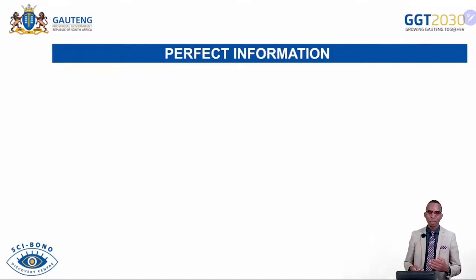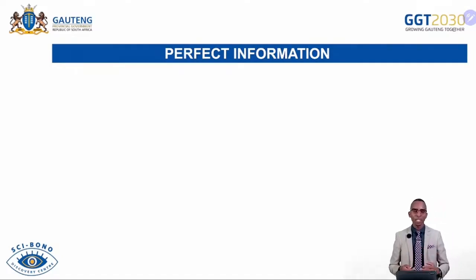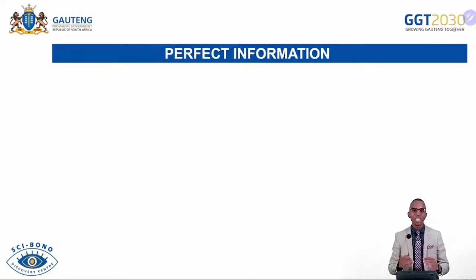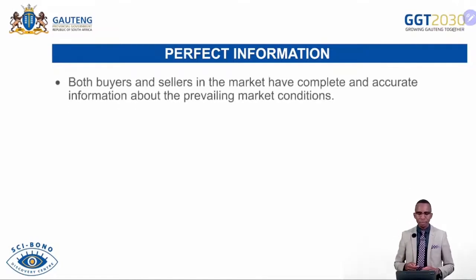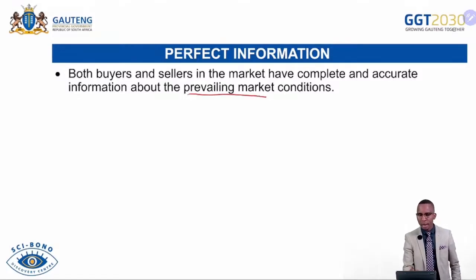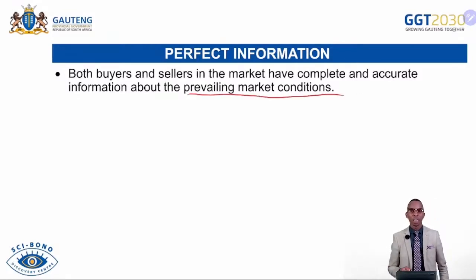So under this kind of market, the information about the products, about the market condition is simply perfect and complete. Both consumers and producers are fully aware of all market conditions that prevail. So both buyers and sellers in the market have complete and accurate information about the prevailing market conditions. None of them is robbed.